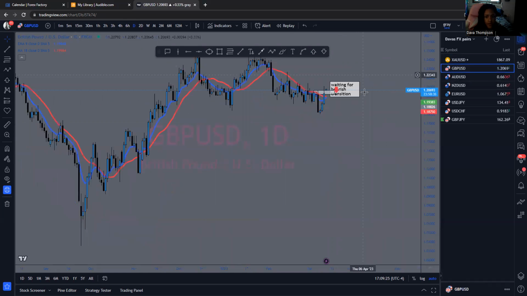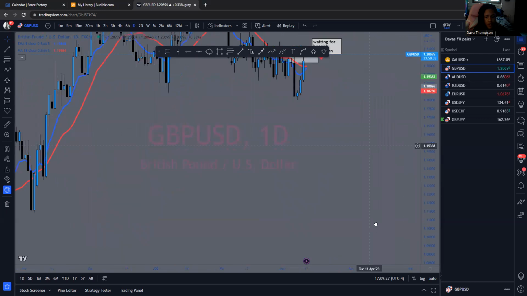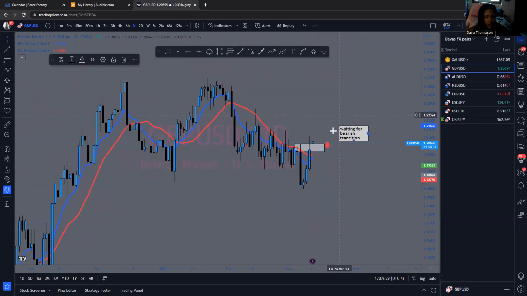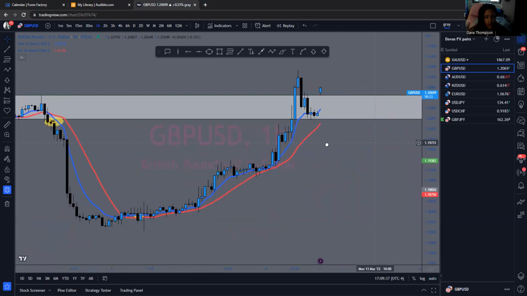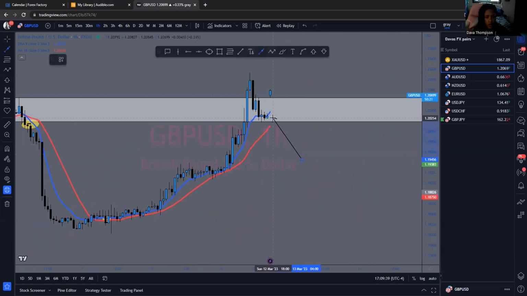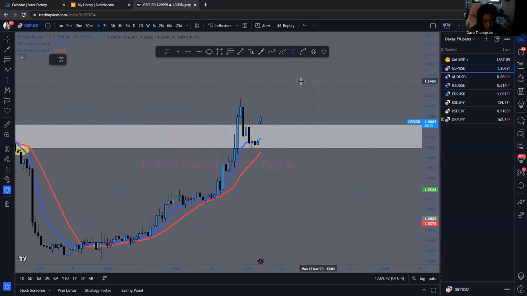And GU, oh, the market is open, yay. GU is honestly still bearish. So this week, what I'm going to be looking for is the crossover between this blue EMA and this red MA. I already have it written down.